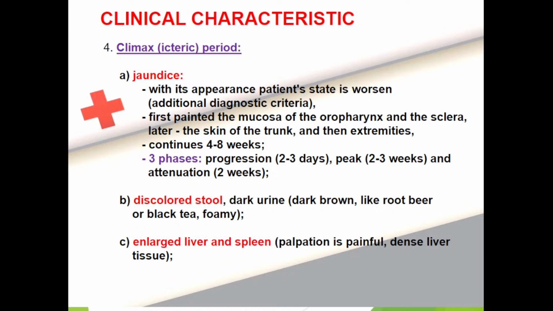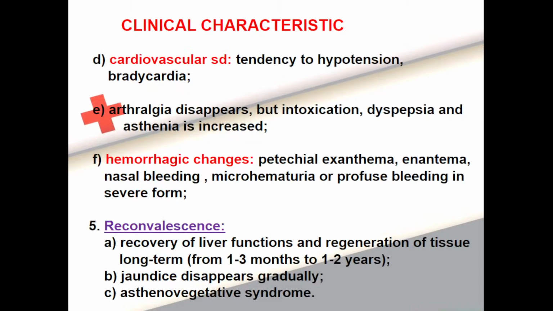Again, the same scheme: first the mucosa of the mouth and sclera are painted, later the skin of the trunk and then the extremities. It continues 4 weeks, much longer than hepatitis A. Again, progression, peak, and attenuation. Discolored stool, dark urine, and so on, enlarged liver and spleen, the same as hepatitis A.